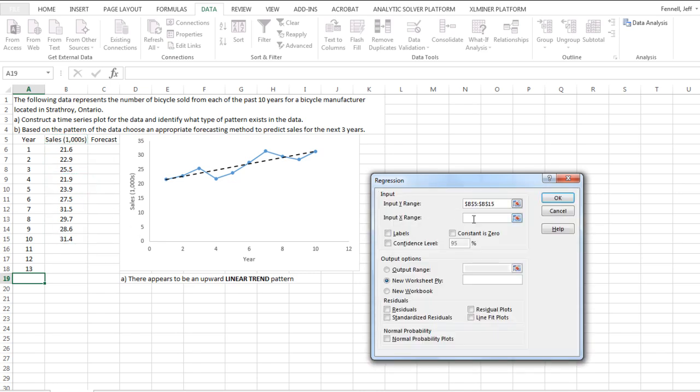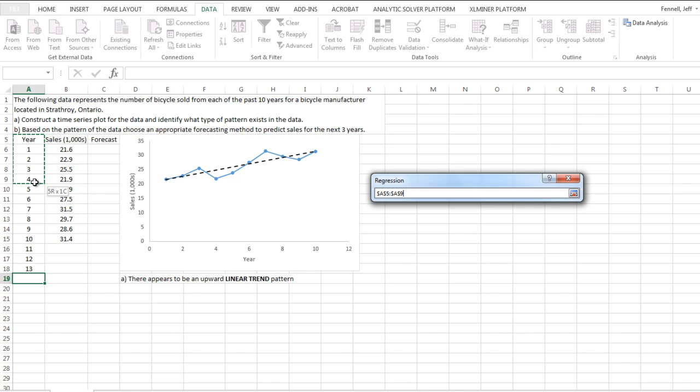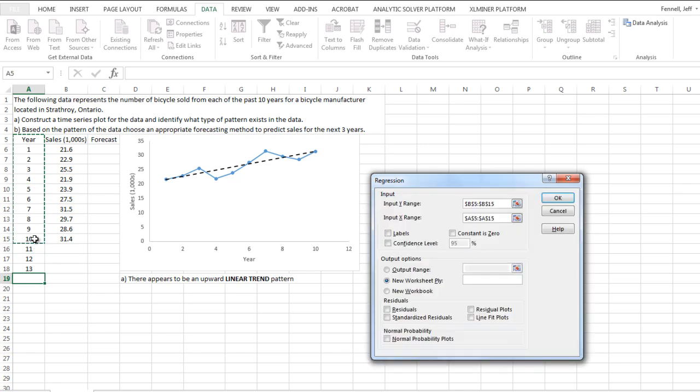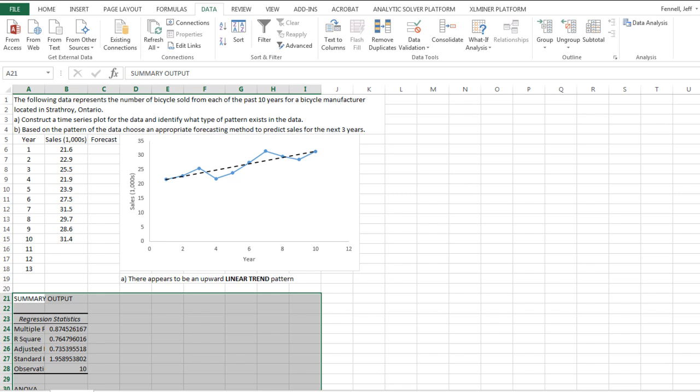The x variable or independent variables are what we are using to make that prediction. So what we're using is simply the increasing time that we have. So our independent variable here is time. We will include labels, select an appropriate output range, hit OK.